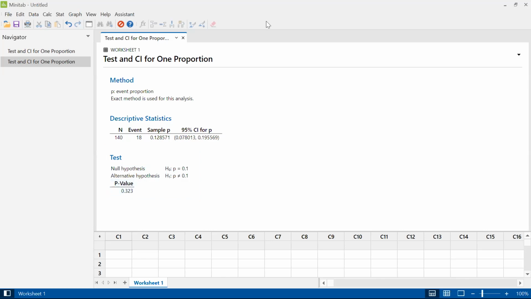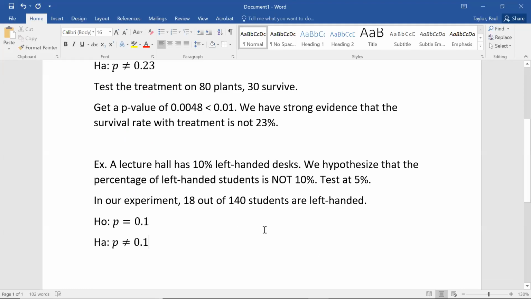That's like 32%. So we're saying that if it's true that 10% of students are left-handed, there's a 32% chance that this experiment could happen, that as many as 13% in one particular class of 140 could be left-handed.